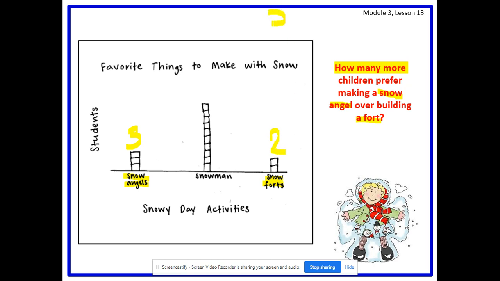So that means we're going to have 3 and we're going to take away 2. What is 3 minus 2? Yes, 1. Or we could also draw the line and we would know there's 1 more student that preferred building snow angels. So 1 more student.